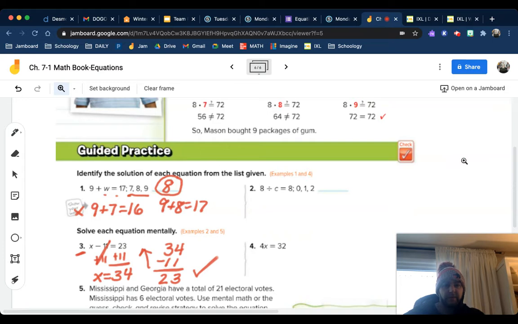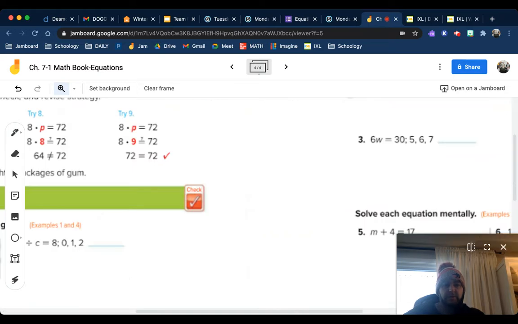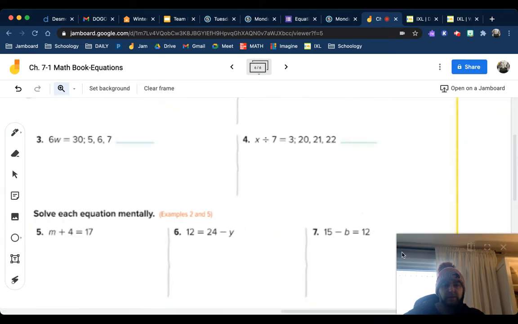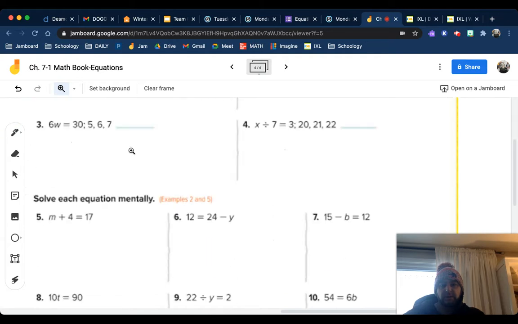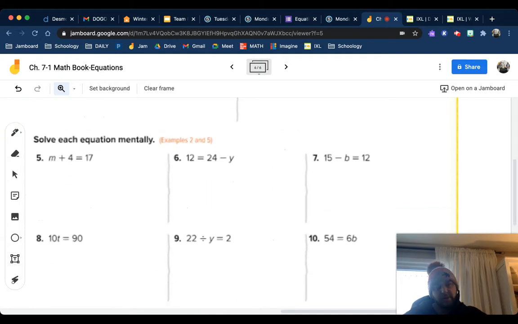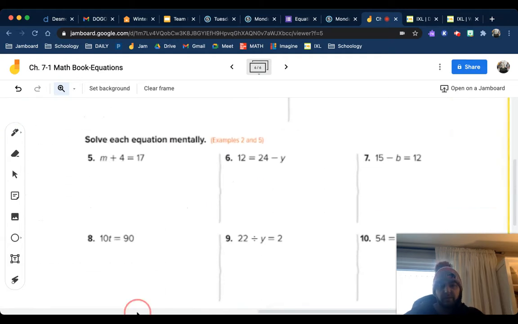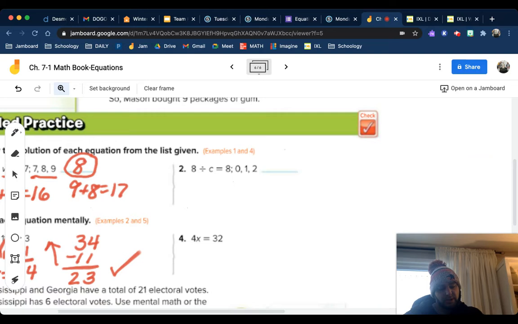Okay. Now, if you go to the other side of the page, let me see if I can zoom over to this other side. There might be some multiplication problems. Okay. So just remember, the biggest thing when we're doing this is opposite of adding is subtracting.